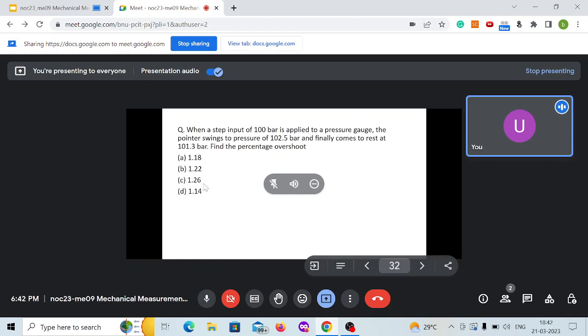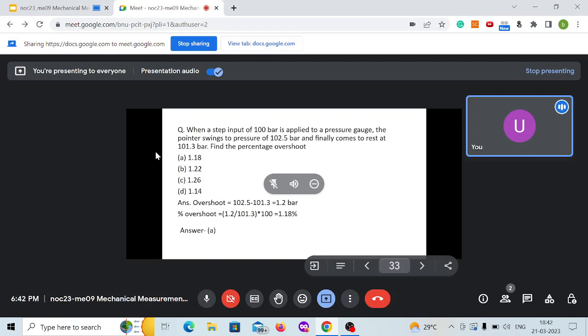In this case the overshoot is 102.5 minus 101.3. The value the pointer reached as a response is 102.5, and the final steady state value where it rests is 101.3. The difference is the overshoot, which is 1.2. The 1.3 bar from 100 is the error in the measurement.